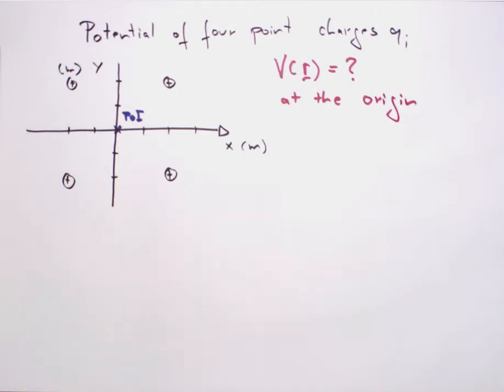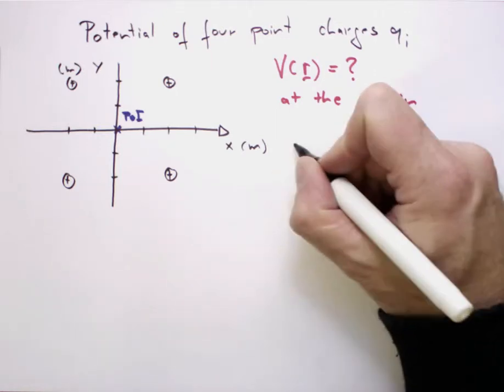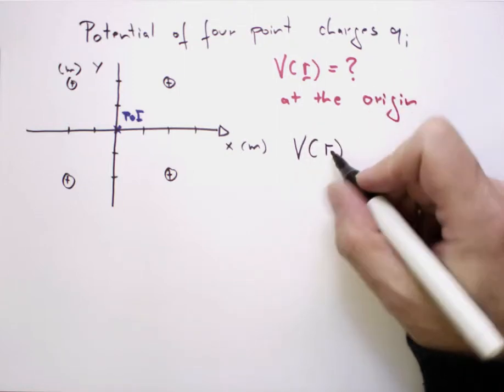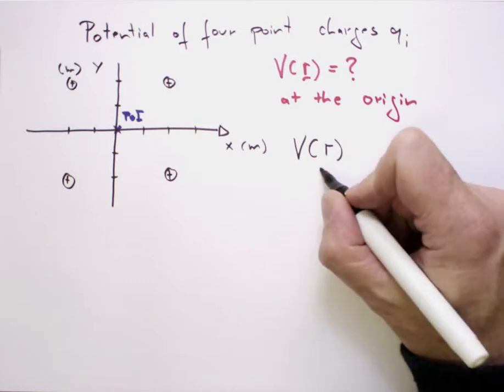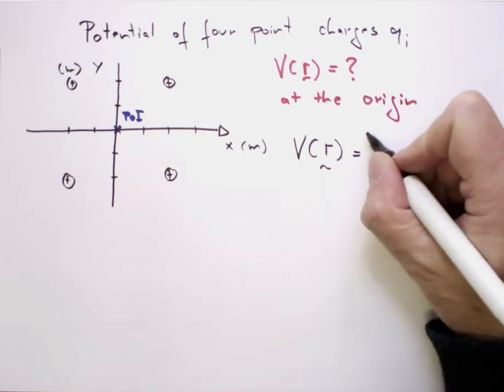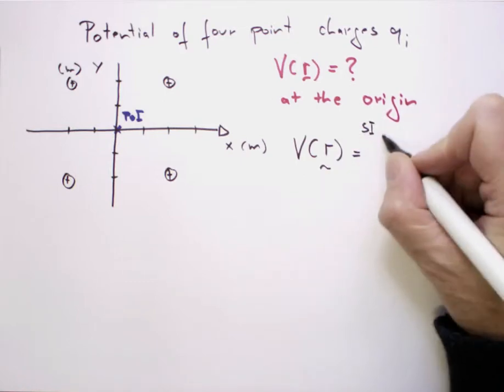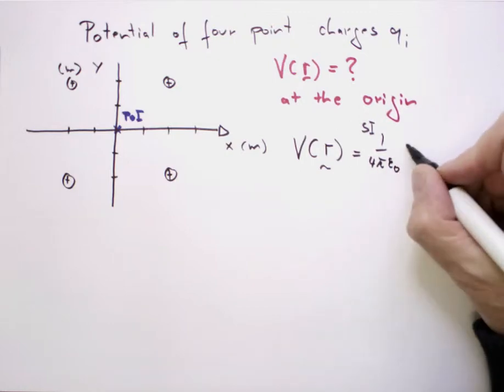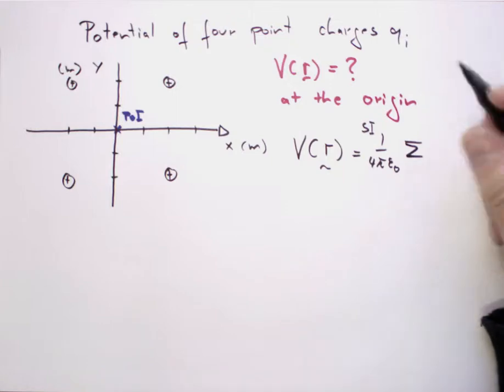We can work this out by remembering the equation for the potential of a number of point charges, which in the SI system is given as 1 over 4 pi epsilon naught times the sum over all source charges.